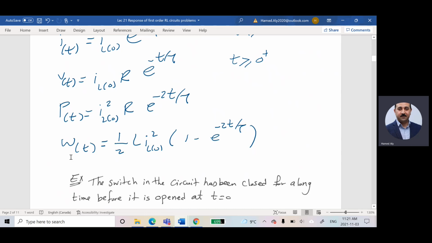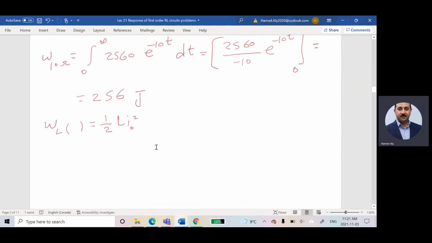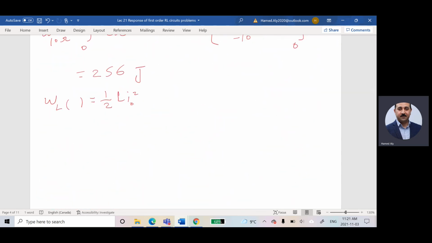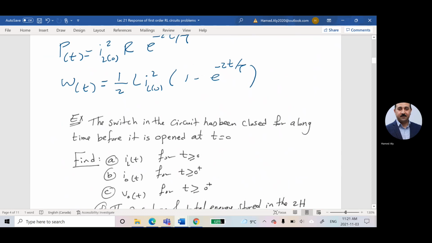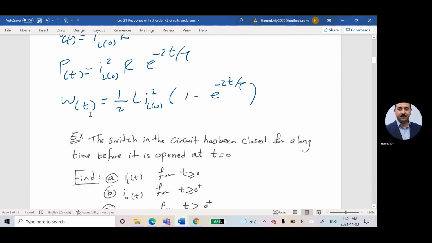The energy stored in the inductor should be equal to half L i squared. Am I right? So the initial energy for the inductor at 0 time is equal to half L i squared. Again, I didn't put in this equation T is equal to 0. Okay, guys, back rows, I didn't put here T is equal to 0.